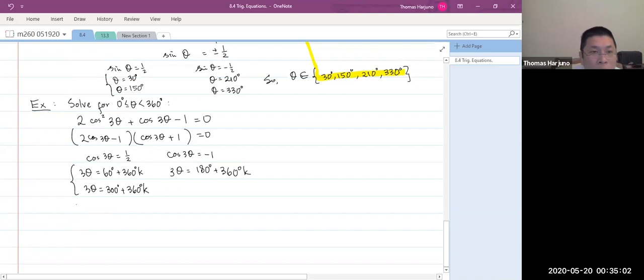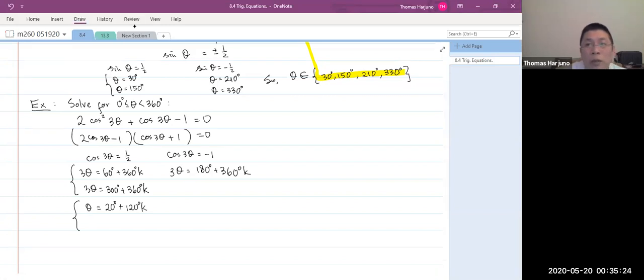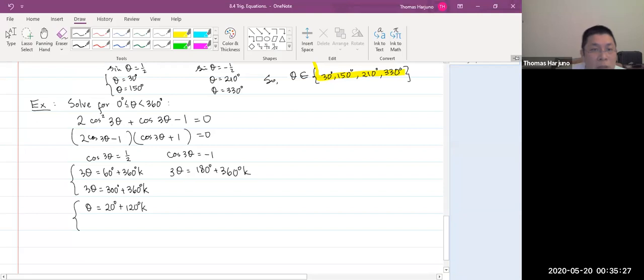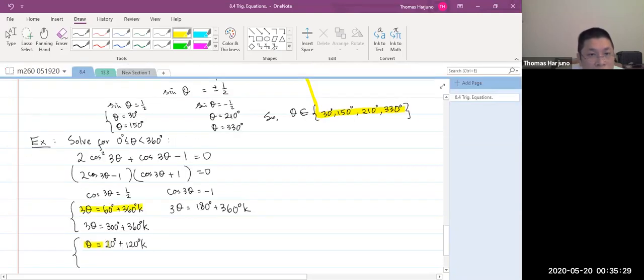Okay, but those are in 3 theta, right? I need to solve for theta. So theta equals, for this guy, 60 degrees divided by 3, that's 20 degrees plus 120 degrees K. So this guy becomes this. And then this guy becomes what?